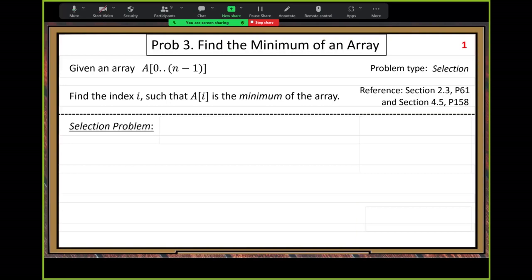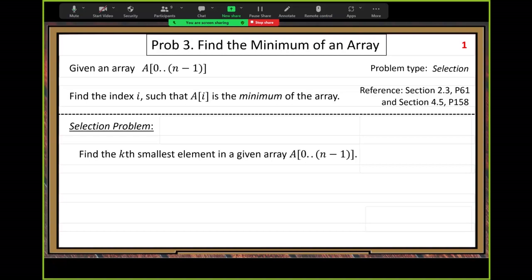What's the selection problem? Let me give you the definition. Given an array, the goal is to find the kth smallest element in the given array.